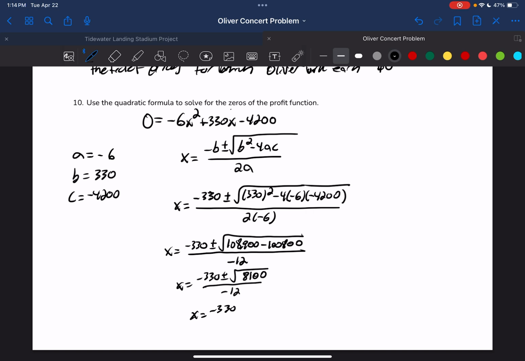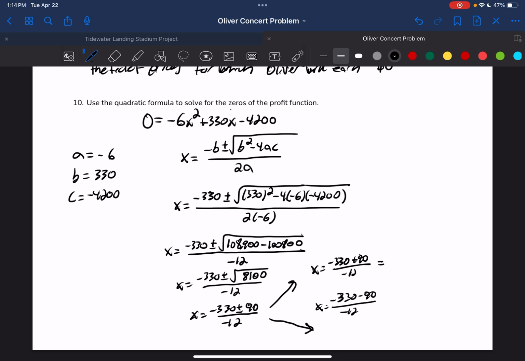So we know that's equal to negative 330 plus or minus 90 all over negative 12. If we break that up, we have x is equal to negative 330 plus 90 over negative 12, and x is equal to negative 330 minus 90 all over negative 12.